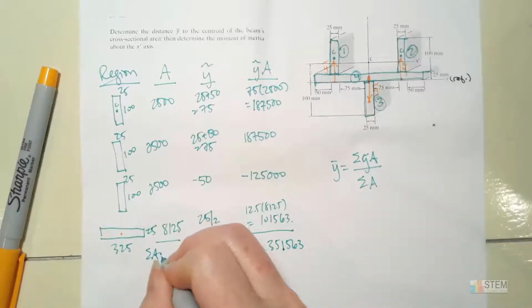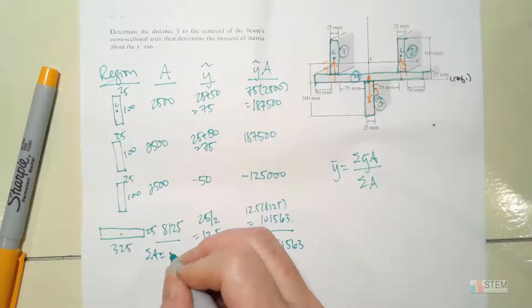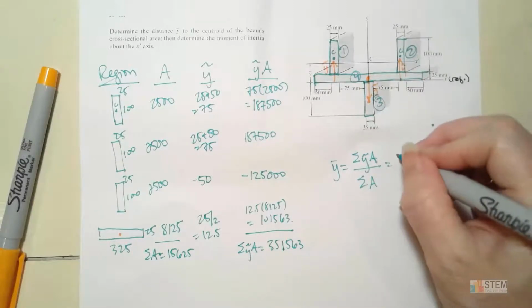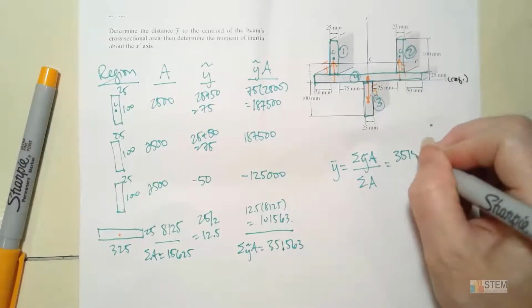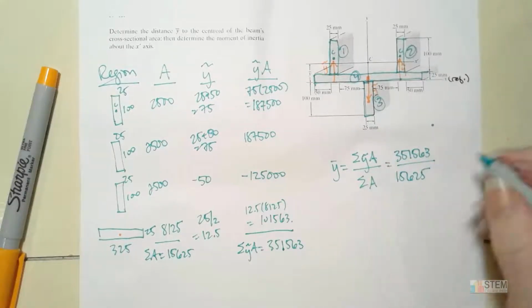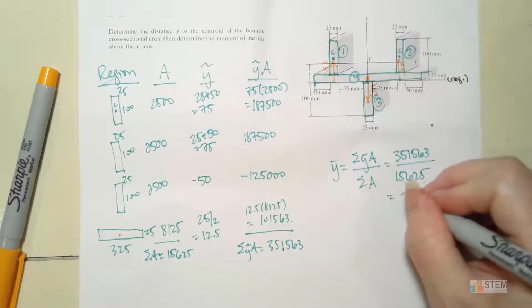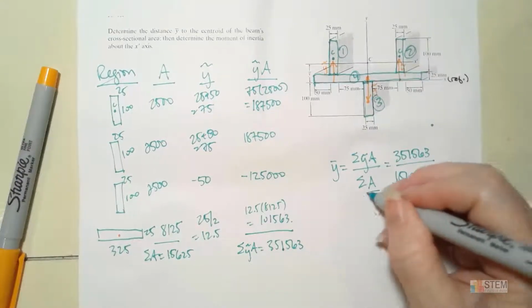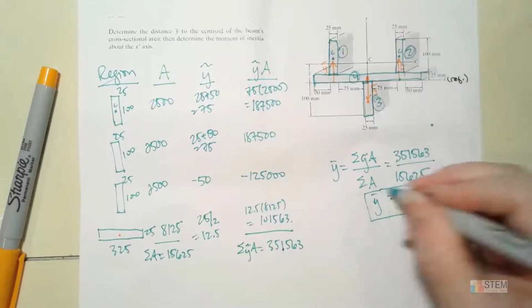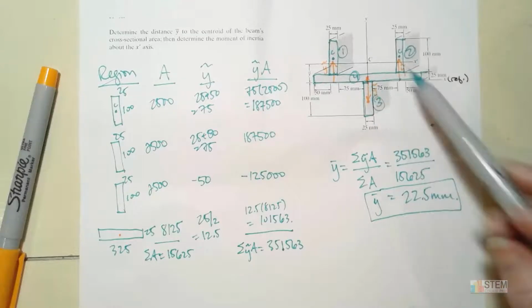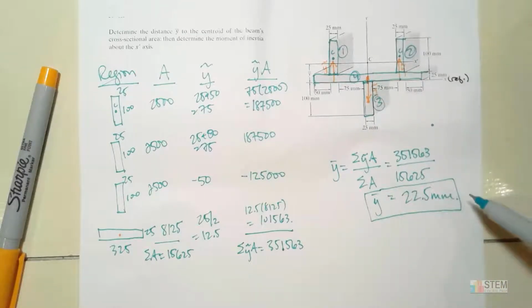And then the sum of the area is going to be 15,625. And then we just plug those into this equation. And your result will be 22.5 millimeters. All right, so that's how high up C is from this x-axis. All right, 22.5.